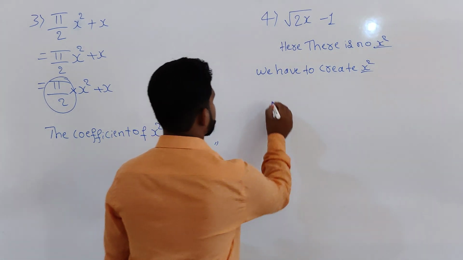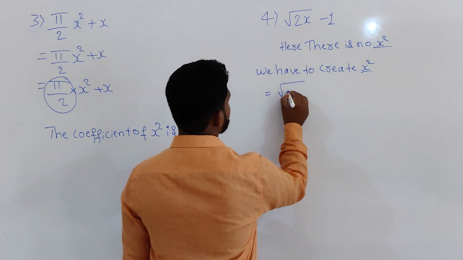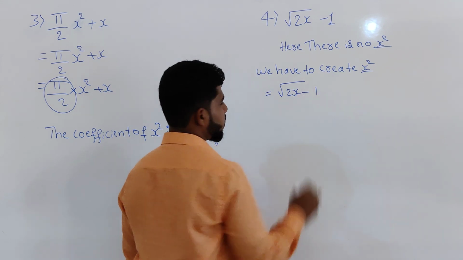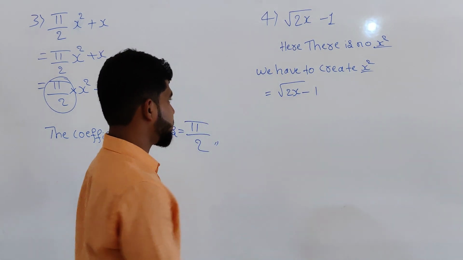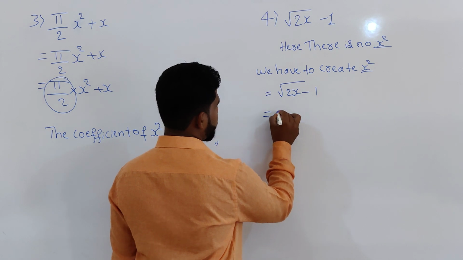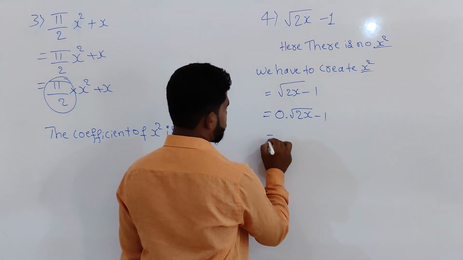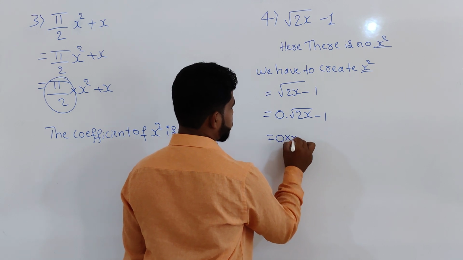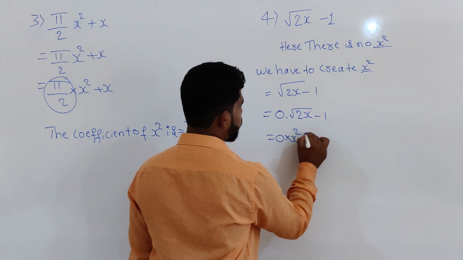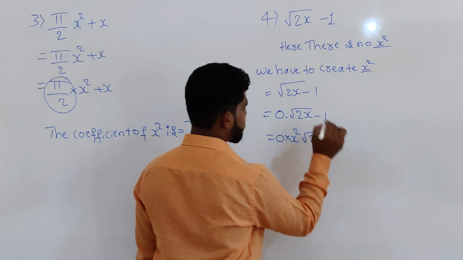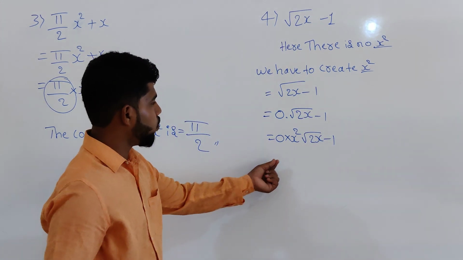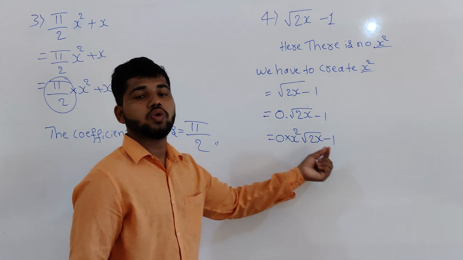Now, root 2x minus 1 plus 0 into x square.